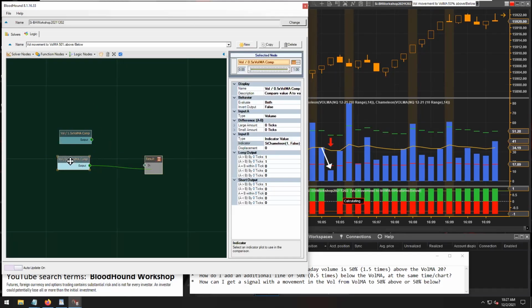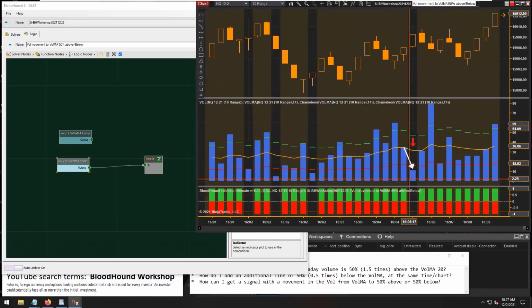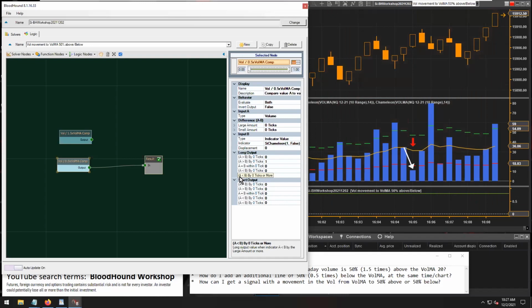Now, when we connect that up, there's one thing that we didn't do here. If we look at this, every time the volume is below half the volume MA, we're actually missing an output. That's because we didn't adjust the outputs correctly yet. So we're going to turn off the outputs. And this time, A is less than B, right?